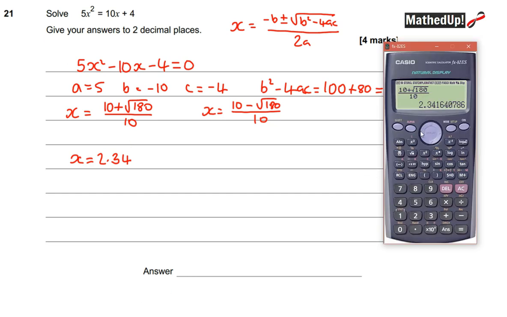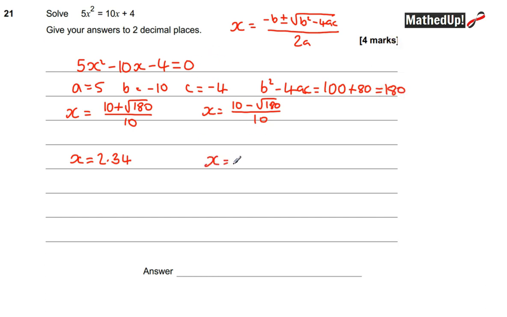And then I can do the same thing again, but with a subtract. And that gives me a negative 0.34 to 2 decimal places. So my answers are going to be x is equal to 2.34 and x is equal to negative 0.34.